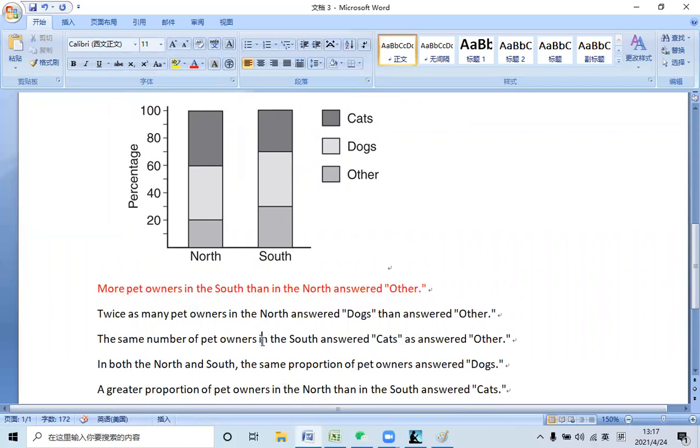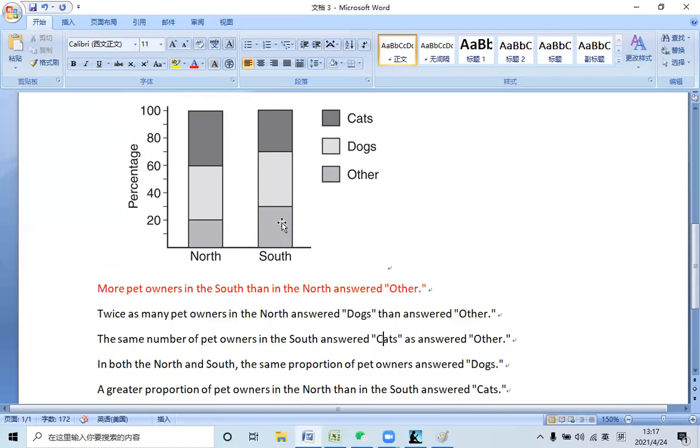Same number of pet owners in the south as the cats, right? Now this one is good, although it says numbers. Cats and other. We know that the same number and the same proportion of people from the south like cats and others.